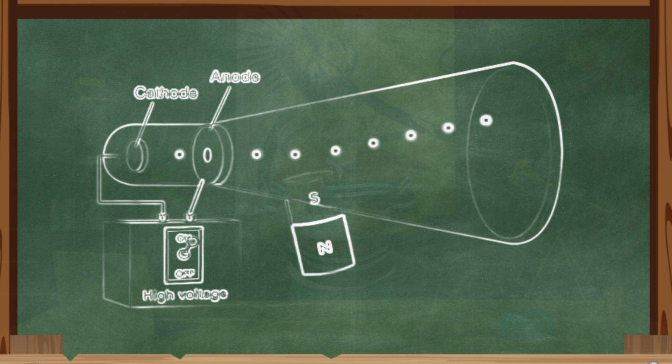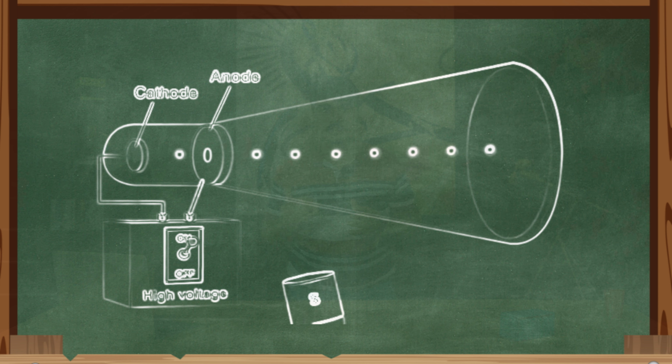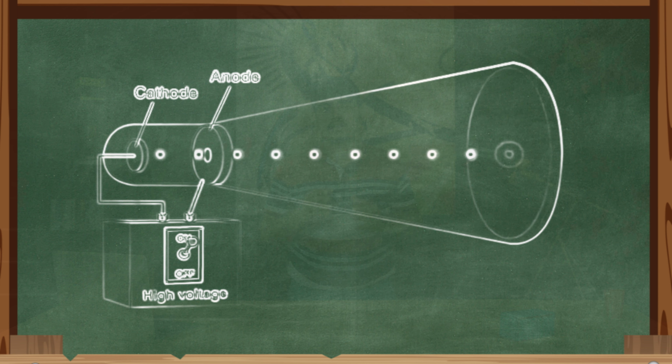Third, these rays move in a straight line unless something like a magnetic field bends them. Scientists realized these rays were made up of negatively charged particles, electrons, right? Here is the really cool part.